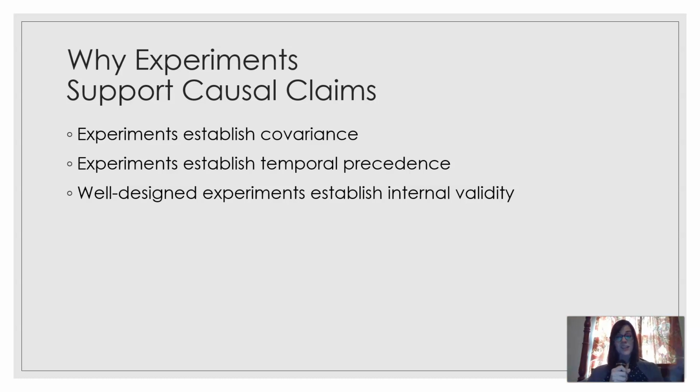Additionally, experiments establish temporal precedence. My independent variable changes before my dependent variable does. And as I said, well-designed and well-controlled experiments rule out any possible alternative explanations for the data. So the only thing that could have caused that change in the dependent variable is my manipulations in my independent variable.